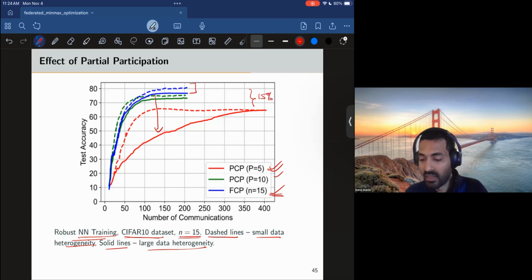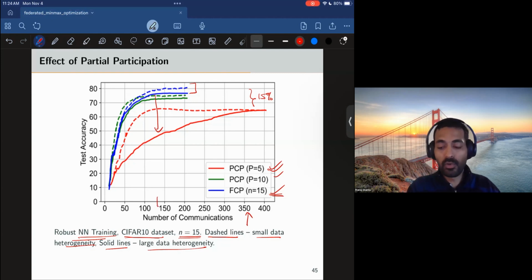And also the amount of resources you need to spend: the performance you get is achieved after 350 rounds, while with full participation, you achieve a similar performance in, let's say, 150 rounds. So you have to do a lot more computation, and you are also getting worse performance.